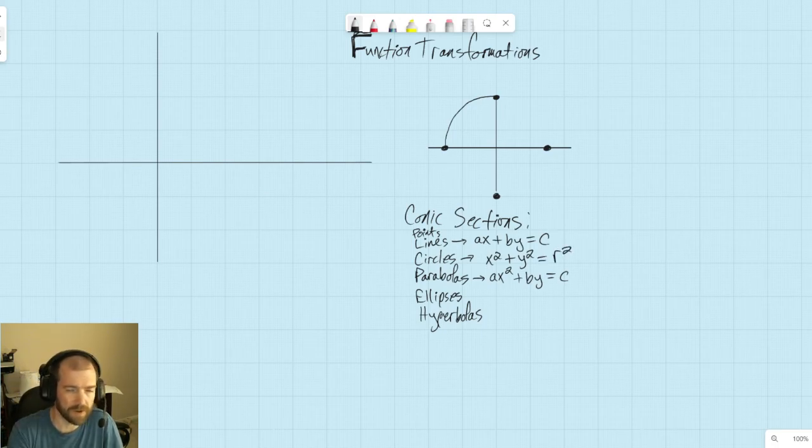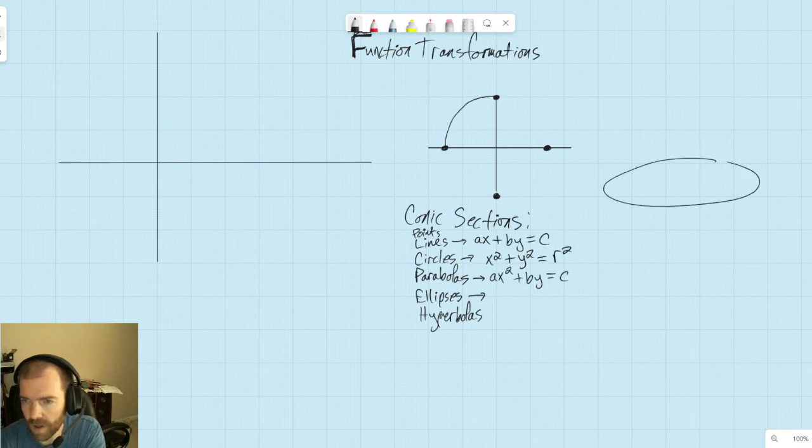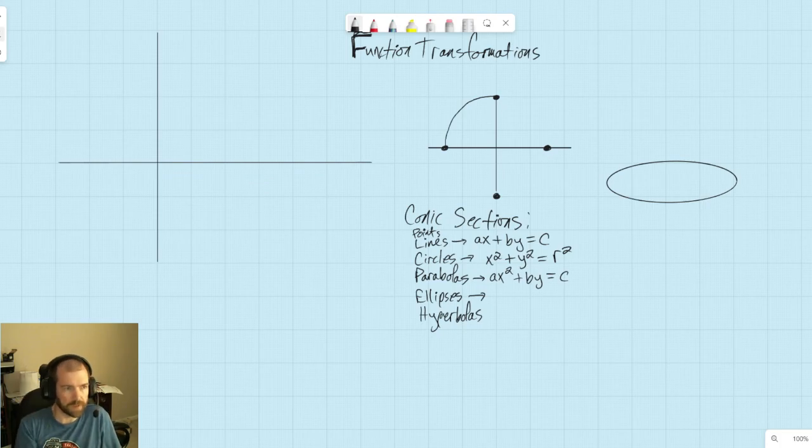And that's one we're going to see all the time in this setting especially. Ellipses. So this is an ellipse. It's basically just a circle that's looked at from a different angle, or one that's been kind of squashed. So ellipses have ax squared plus by squared is equal to c.